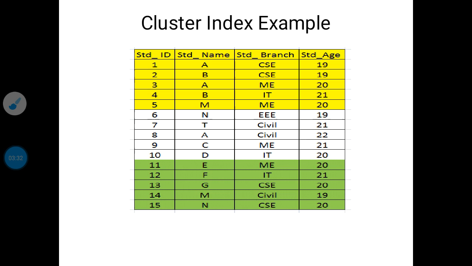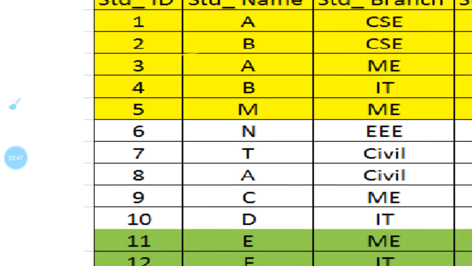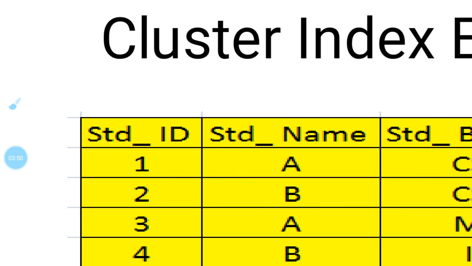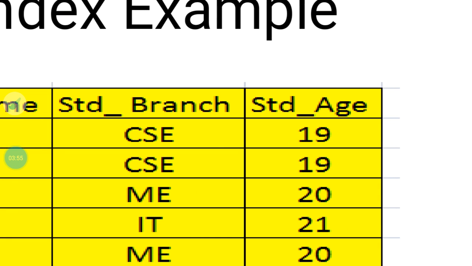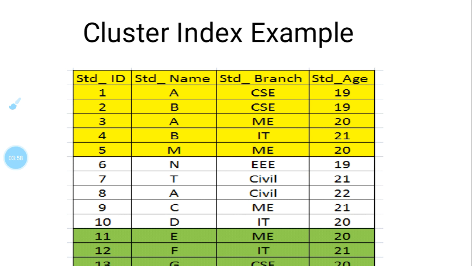Let us better understand cluster indexing with the help of one example. Here on this screen you are seeing a database. The name of that database is student database, with various attributes: number 1 student ID, number 2 student name, number 3 student branch, and number 4 student age. Among these attributes, some are non-prime attributes.